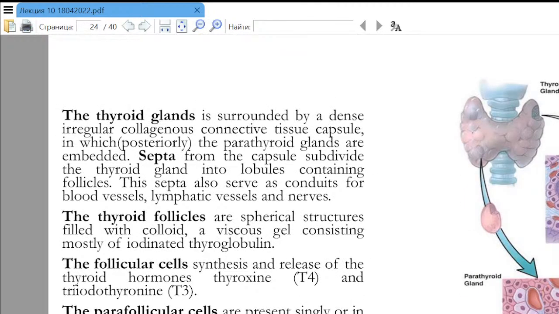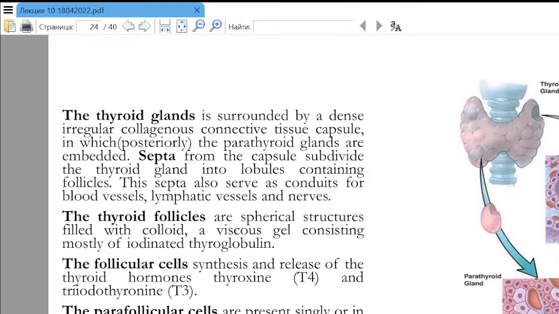The thyroid gland is surrounded by a dense, irregular collagenous connective tissue capsule, in which posteriorly the parathyroid glands are embedded.